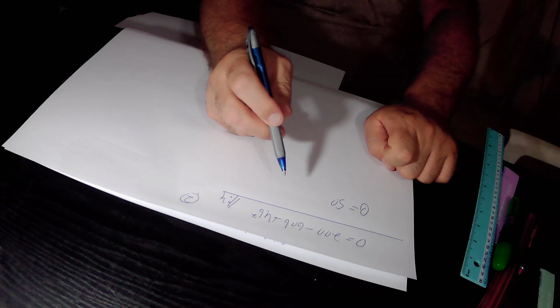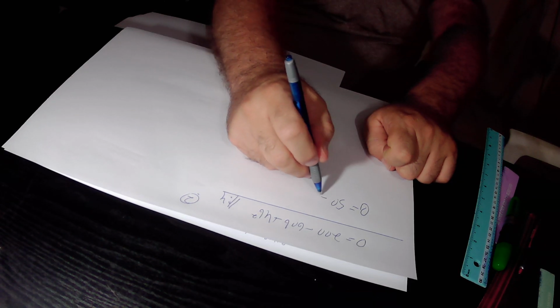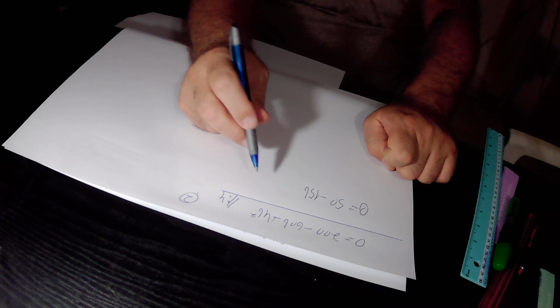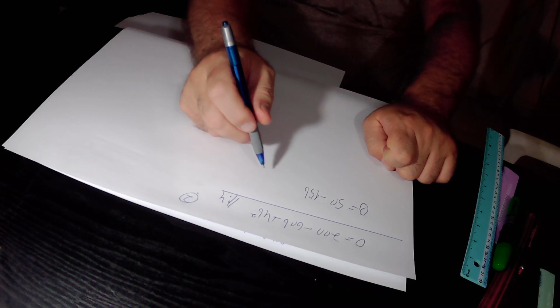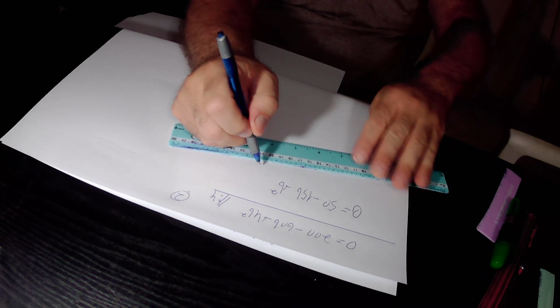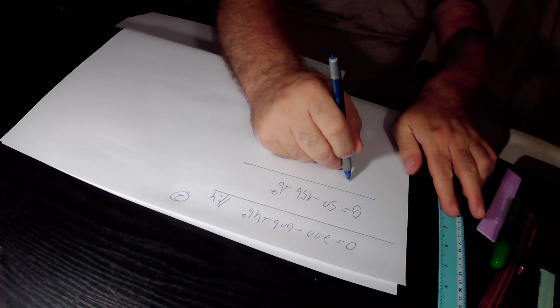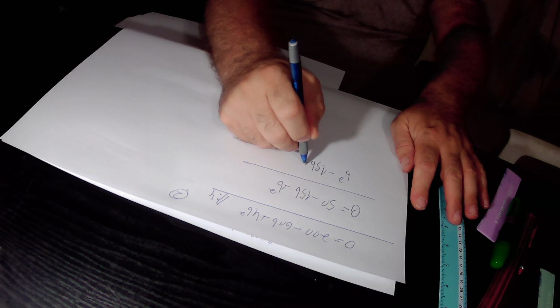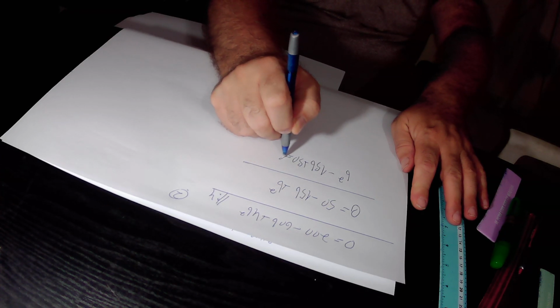Minus 60B over 4 is minus 15B. And 4B squared over 4 is B squared. So in total, we find out that B squared minus 15B plus 50 equals 0.